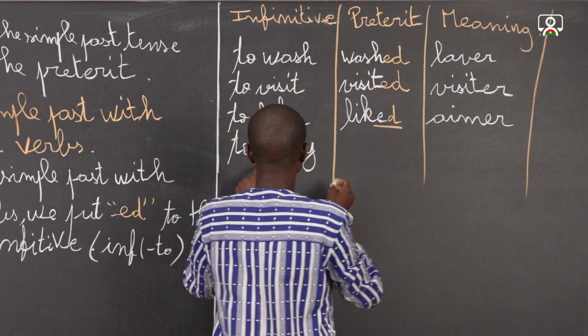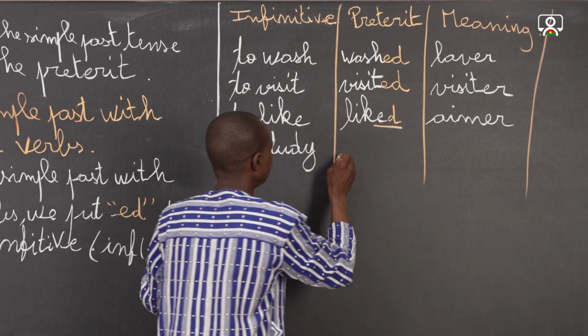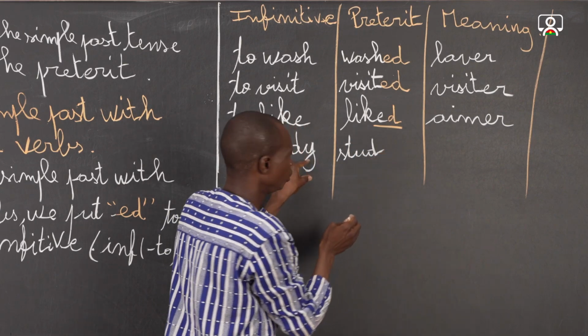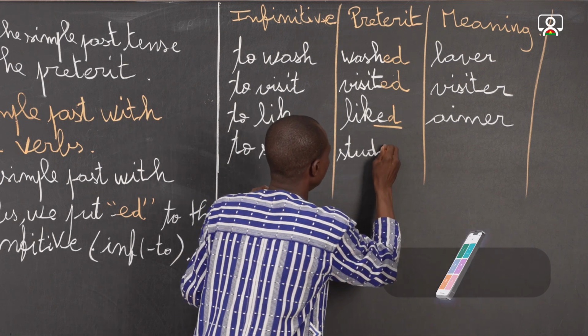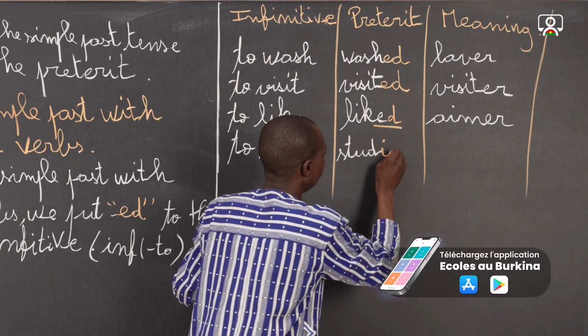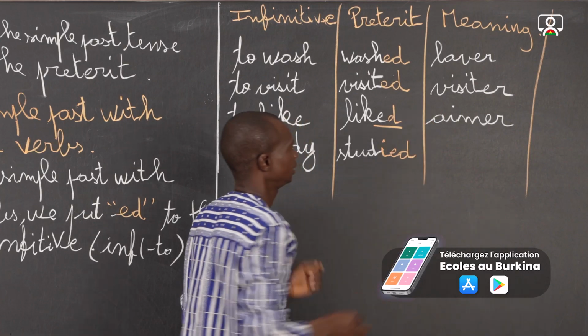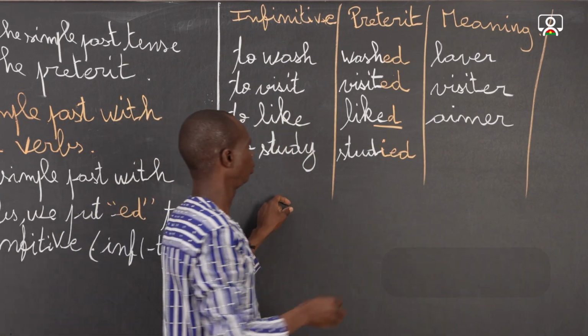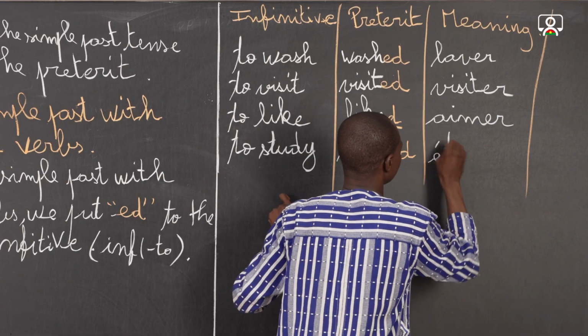For example, the incomplete infinitive is study. Here we change the y into i, and we put ed, to get the simple past of this regular verb, which means étudier.